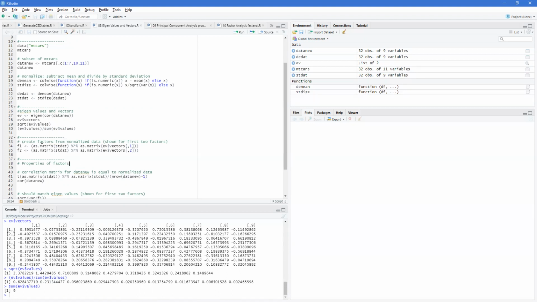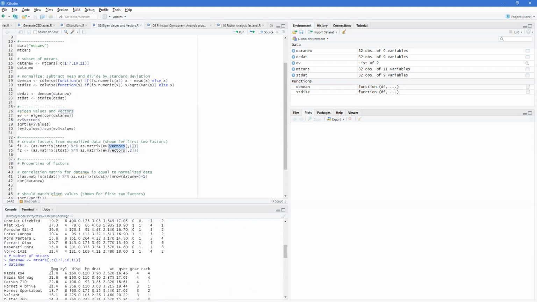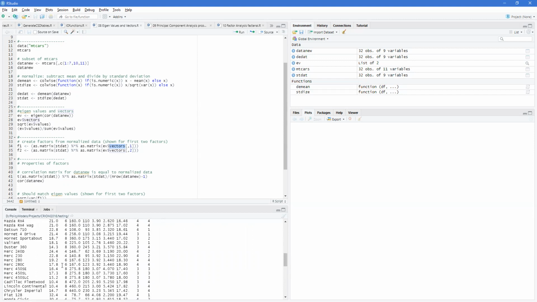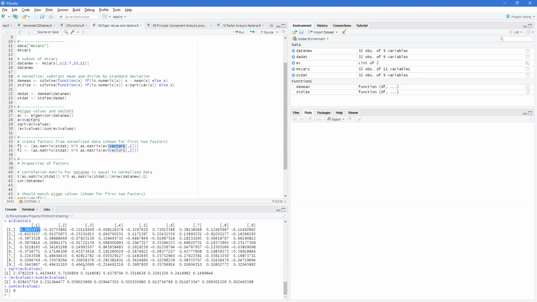Now, the next thing we have is that we can create the factors from the eigenvectors. So the eigenvectors provide things to multiply. So this one is multiplied to our first series, which, if we go up, is the mpg. The second one is the cylinders. So this would be multiplied to the cylinders.